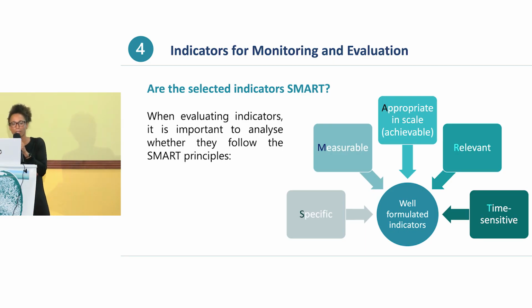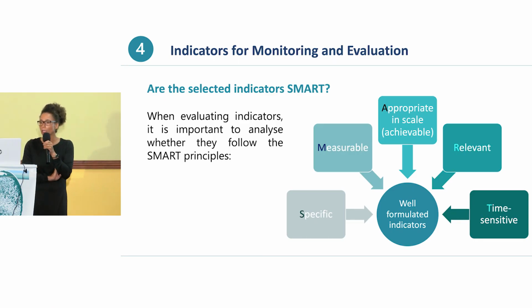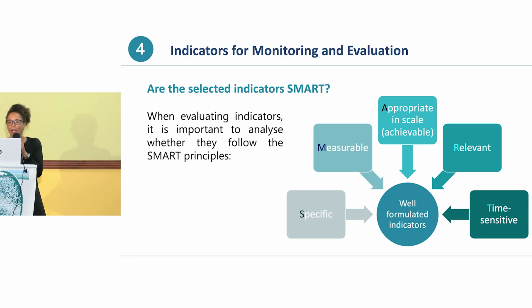So that brings us to the second one, the M for measurable. They must be appropriate in scale in order to be implementable and operationalizable, so that we can operationalize it. They must be relevant and time sensitive.